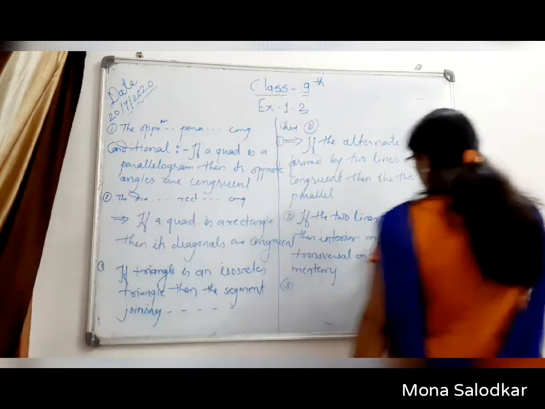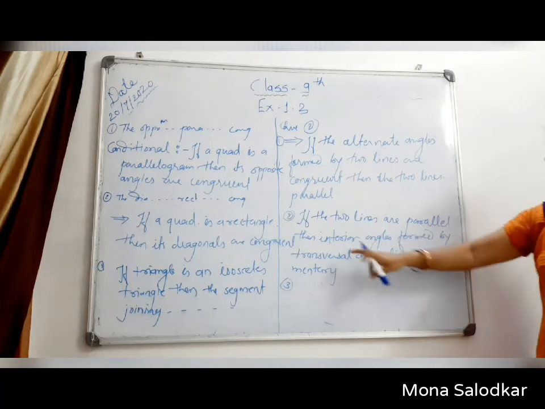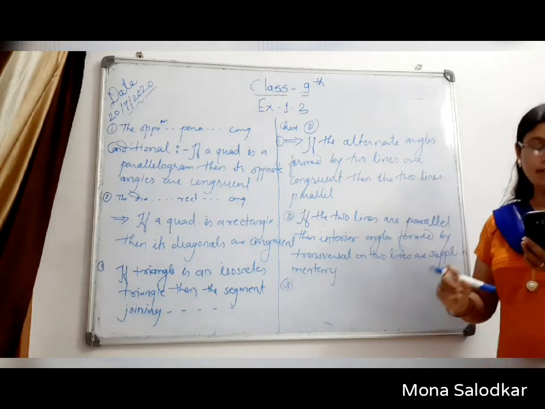What is given here, students? You have to show that the lines are parallel. So first you have to take, if the two lines are parallel, then the interior angles formed by transversal on two lines are supplementary. Now what is the third statement?